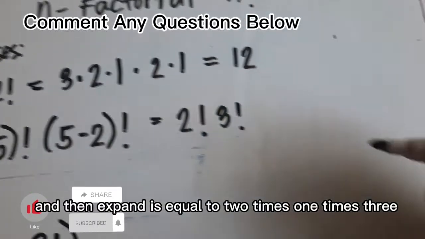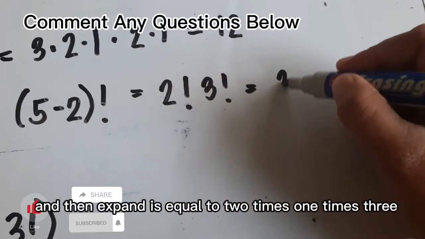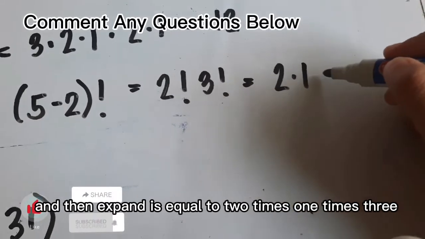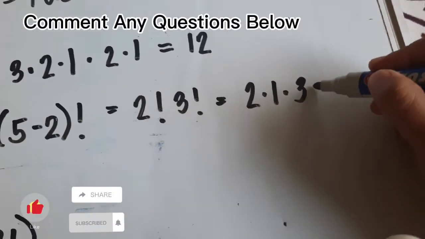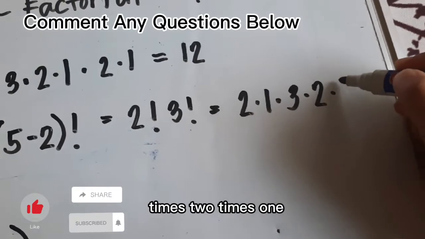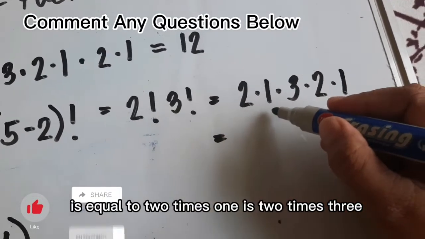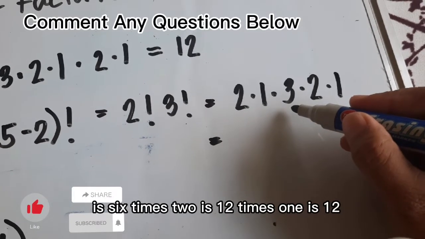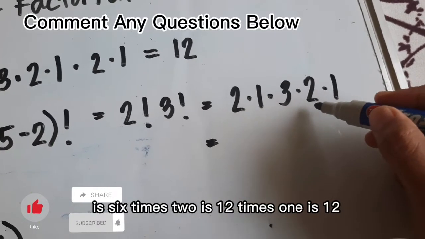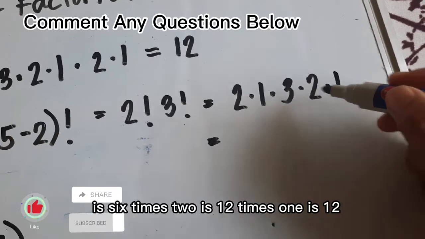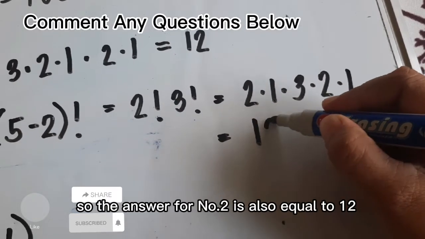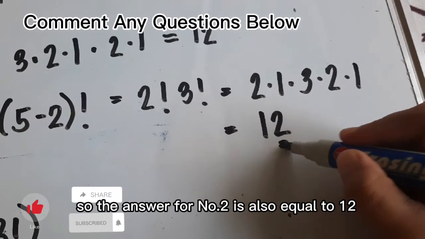Then expand: 2 times 1 times 3 times 2 times 1, which is 2 times 1 is 2, times 3 is 6, times 2 is 12, times 1 is 12. So the answer for number 2 is also equal to 12.